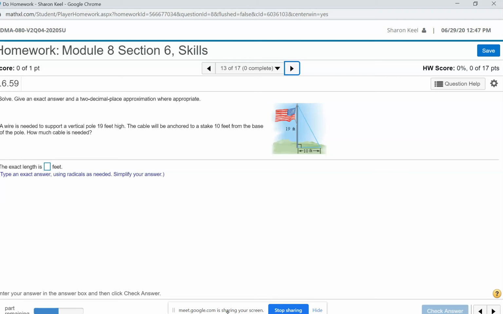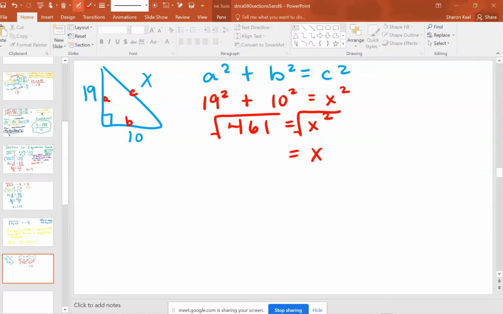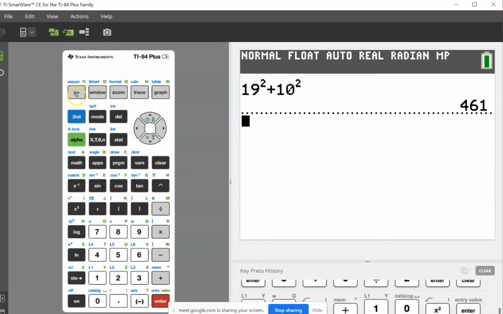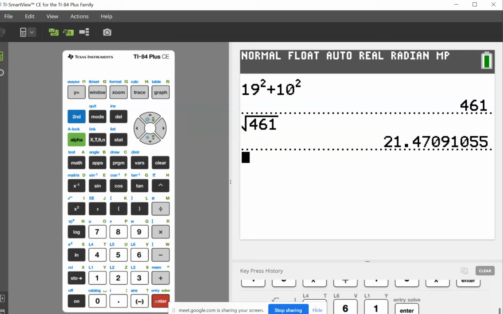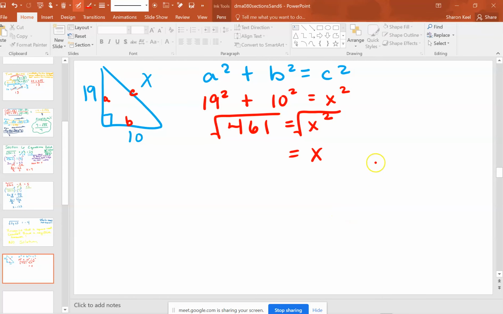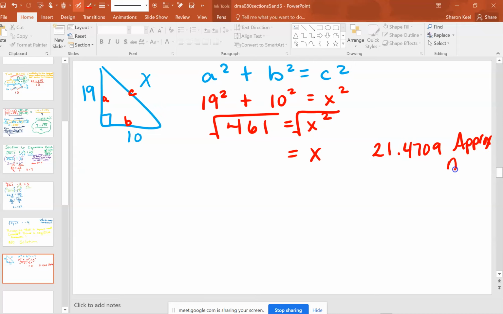So if I were to use my calculator and do the square root of 461, I would get a decimal answer, 21.4709. Let's put that down here. That would be the approximate answer, and they would tell you how far to round if they asked for that. But if they want an exact answer, we know how to do this.